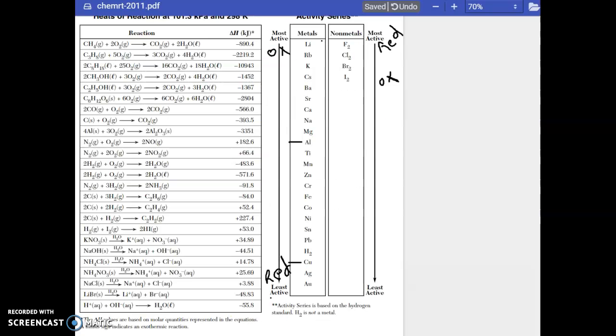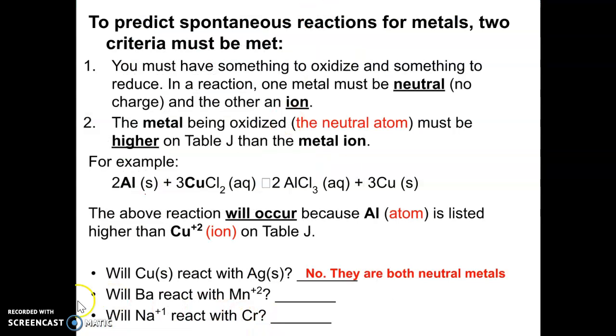If we go back, barium solid is here, manganese ion is here, the solid is above the ion, so that works. Let's go back and see, and it says yes. Aha, the solid barium is higher on the table than the ion manganese.